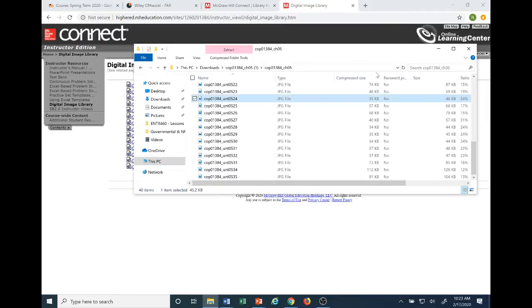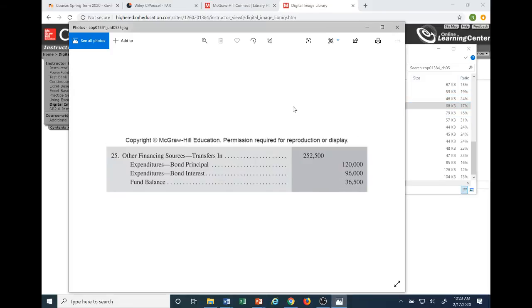Okay, and now it says at year end, the debt service fund would reflect the following closing entries. So now it's at the end of the year for the debt service fund, and we have to make our closing entries. So we have a debit to other financing sources transfers in of $252,500. This is just the transfers that we had. This just happens to be the amount that it ended up being from the activity that we had from the other entries.